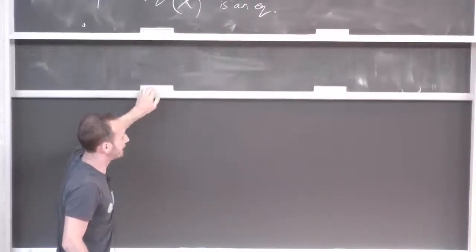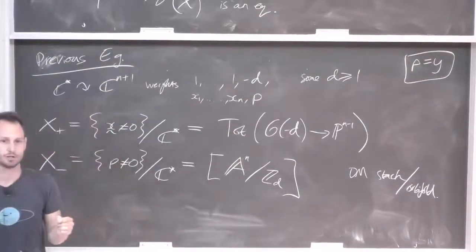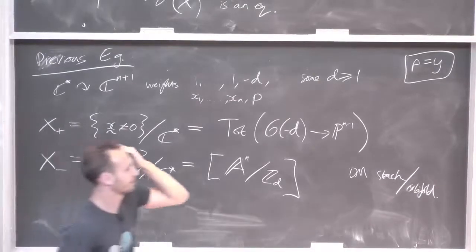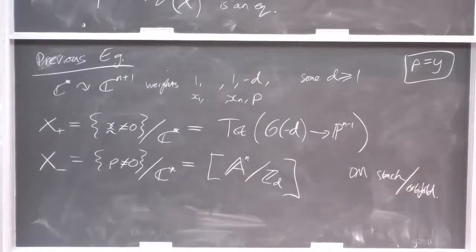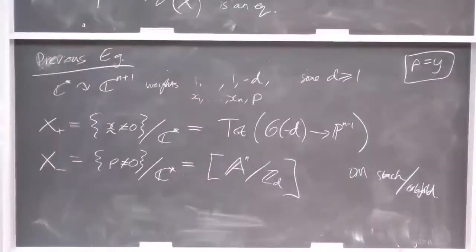Now, what you would like is to do the VGIT, the two different quotients. Somehow the theory became interesting when I said, OK, I have two different quotients, like this variety and this orbifold, and because I can lift them both into windows, I can prove they're derived equivalent. So you would love to be able to say, if I have two different GIT quotients, I can lift them into windows, and then I can prove that they're derived equivalent.